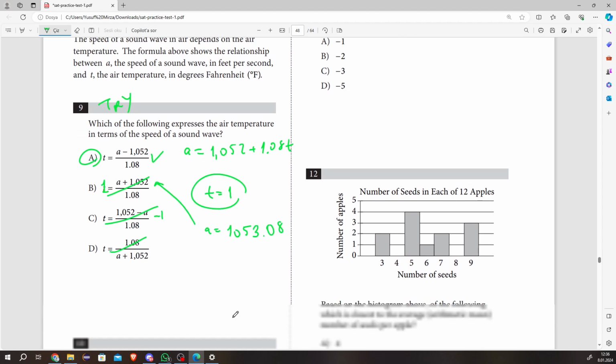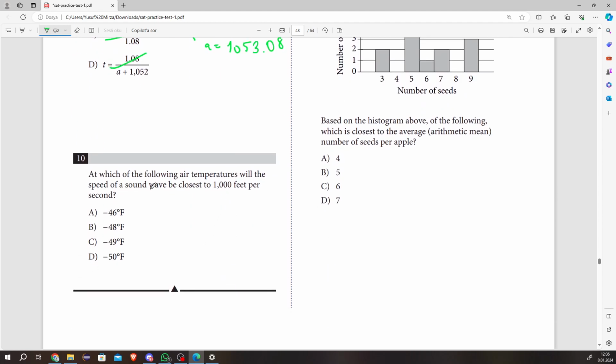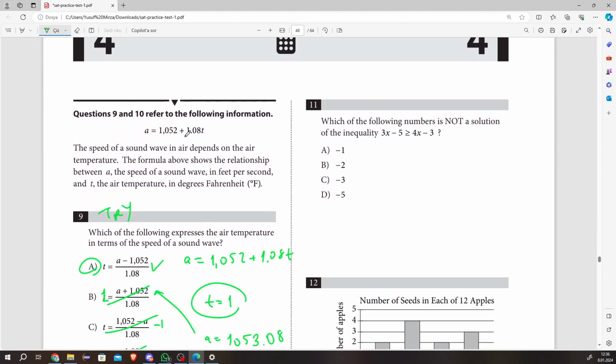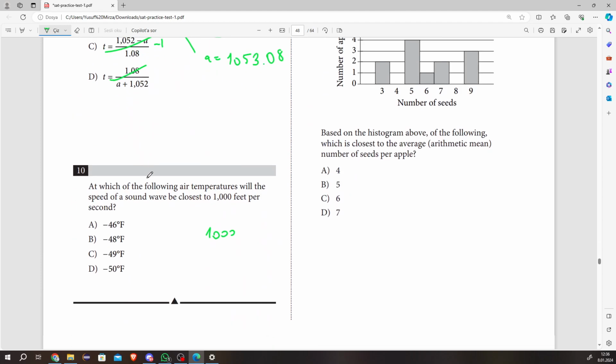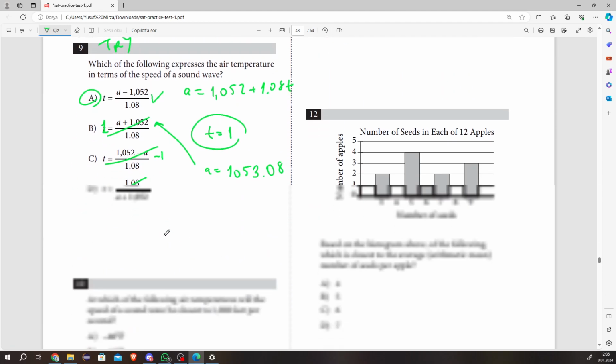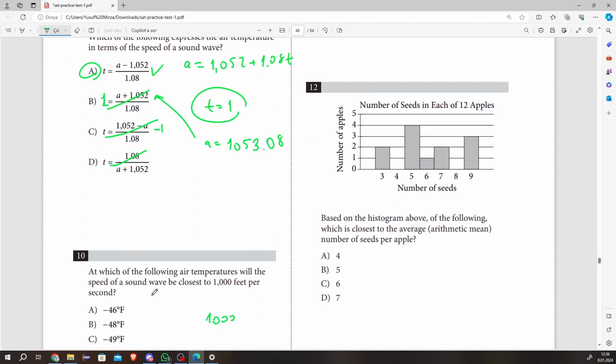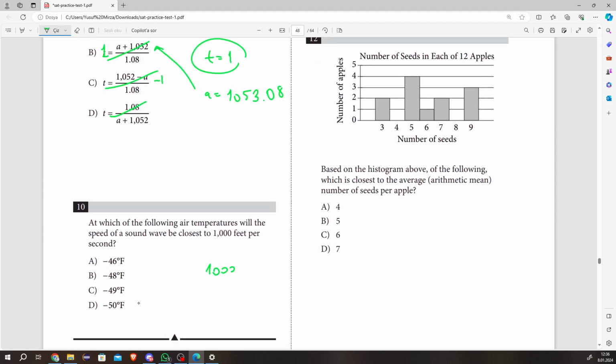It's simple. So the closest to 1000 feet. Okay, let's make it 1000. So to make it 1000, it should be minus 52. So minus 52 equals 1.8t, and let's try from here. If we say it's 50, it is going to be 54.